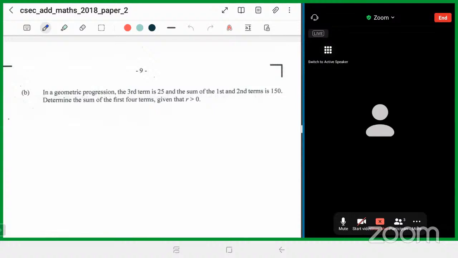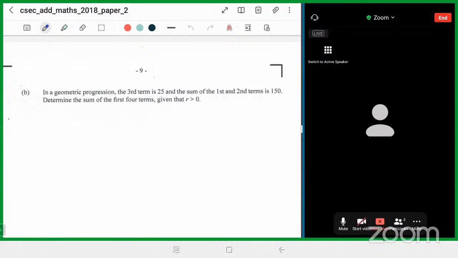Let's write down the terms in terms of A and R. That's all I have to do. I have 3 equals, well, 3.